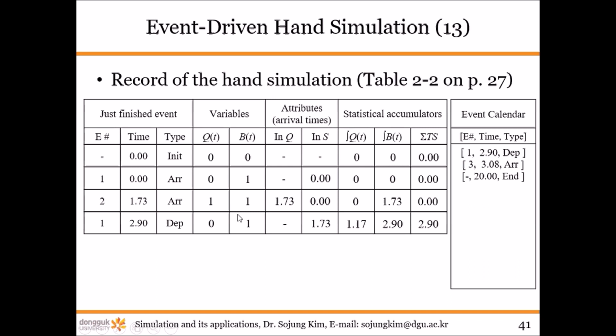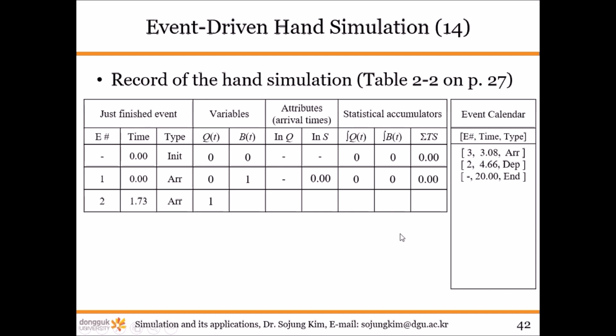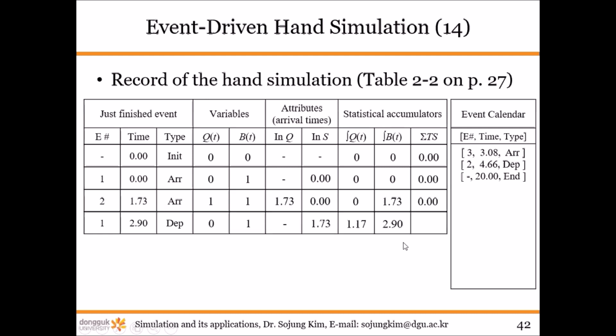Because there was a Qt value for 1.17 time. If you subtract this value from 2.9, you will get the 1.17, right? So the integration of the Qt will be 1.17, and then BT is 2.9, because it's been 1 for 2.9 minutes. That's why 1 times 2.9 will give you 2.9. Okay, that's how you can update tally statistics as well as time persistence statistics.